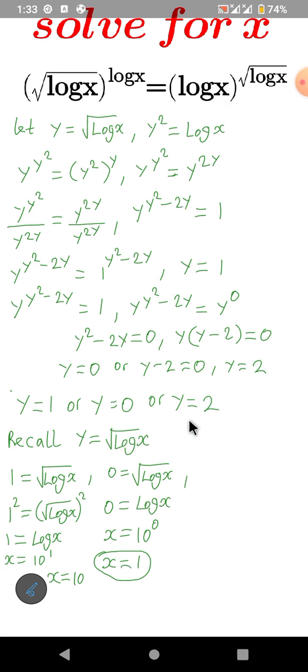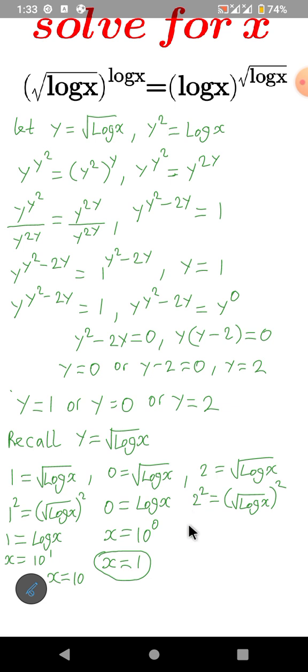Then the last one, I want to solve when y is equal to 2. So y, that's what? 2 equal to the square root of log x. Now from here I'm going to square both sides. So we have 2 square equal to log x.